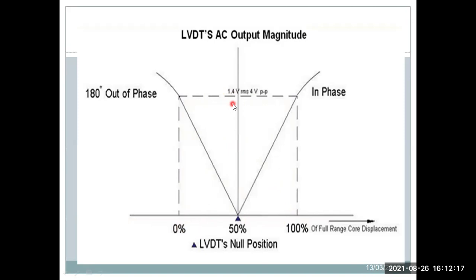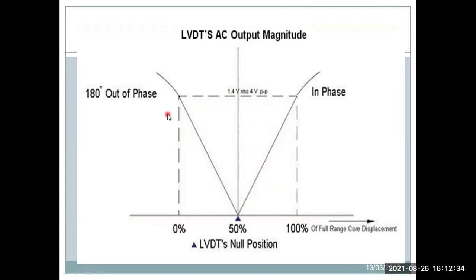So we are getting this voltage, 1.4 volt, and in this way we can measure any displacement within the range of 5 to 0 to 10 millimeter by using this LVDT.